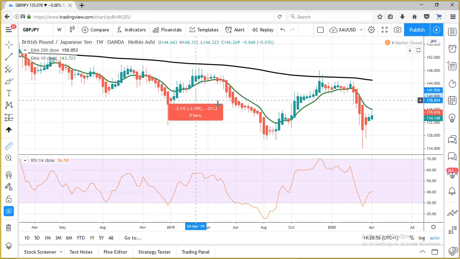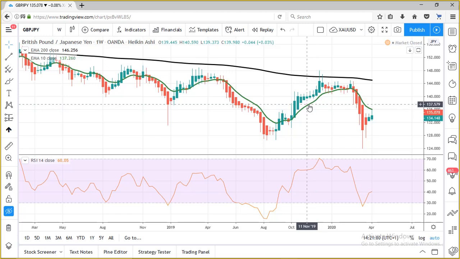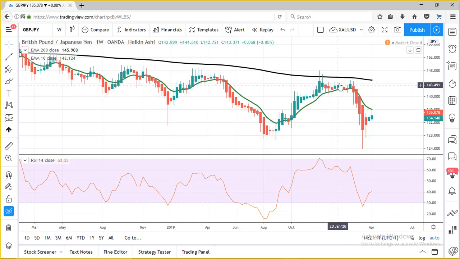Yeah, about 300 pips within that consolidation zone, for 1, 2, 3, 4 weeks. And before this happened again, the sellers came in, so they had another consolidation here, another consolidation here, another consolidation here.